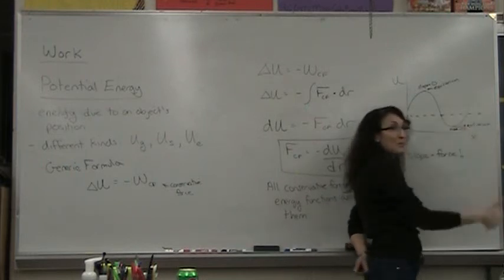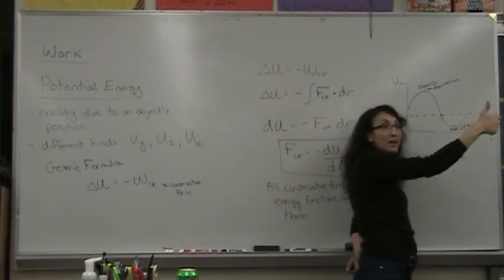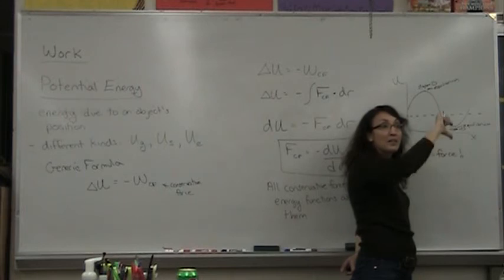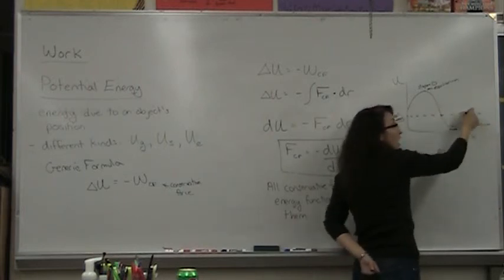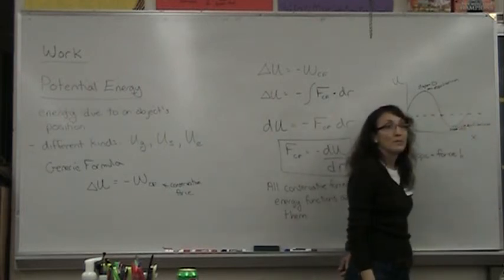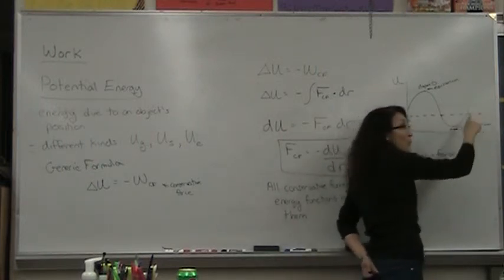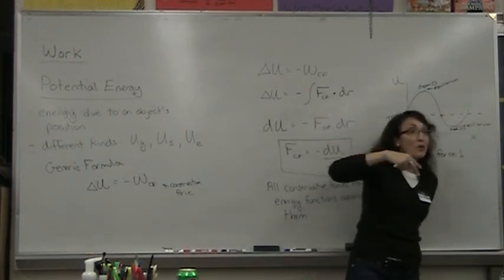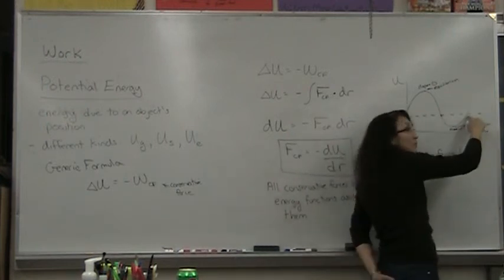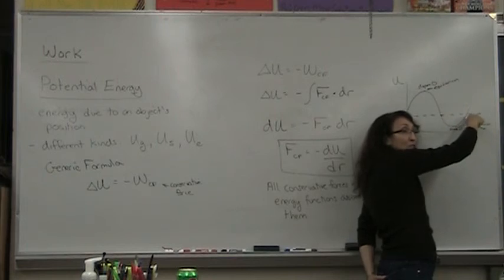As I move this way, potential would go back up and kinetic energy would go back down. Could it ever get any higher than that point? If that's the total energy it has, to go higher than this point would require more energy. So at this point, the object would stop, turn around, and start to go back.